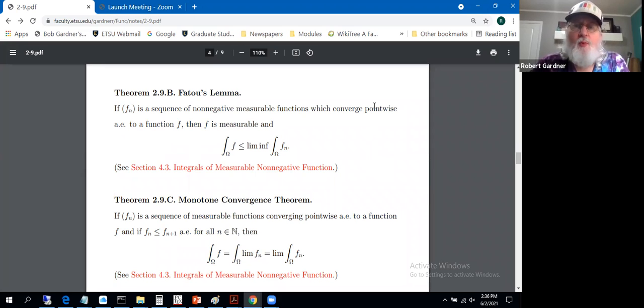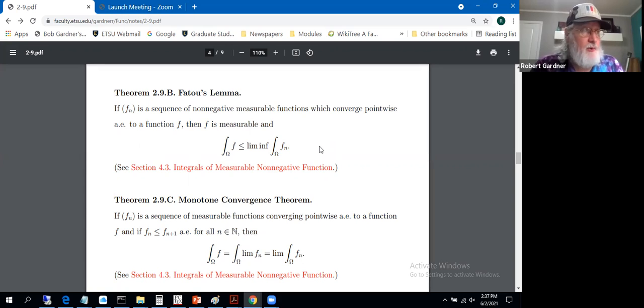So a pointwise limit of measurable functions is measurable. That's what we extract from this, well, non-negative functions. And the integral of the limit function f is less than or equal to the lim inf of the integrals of the f sub n's.